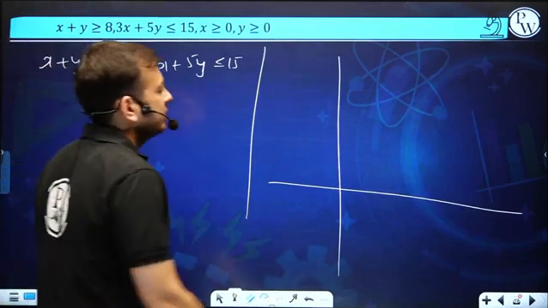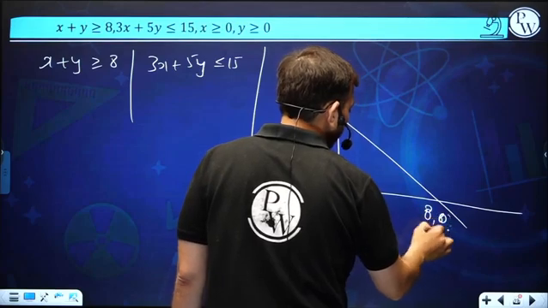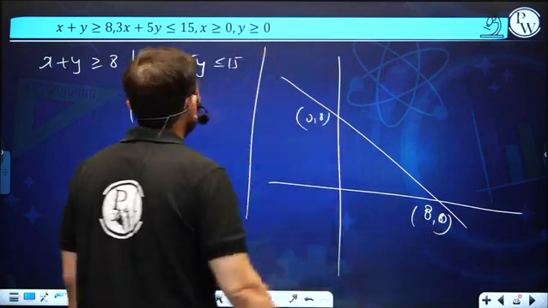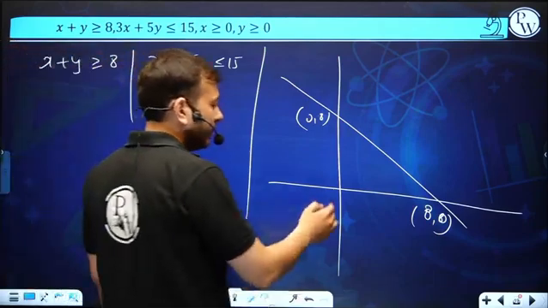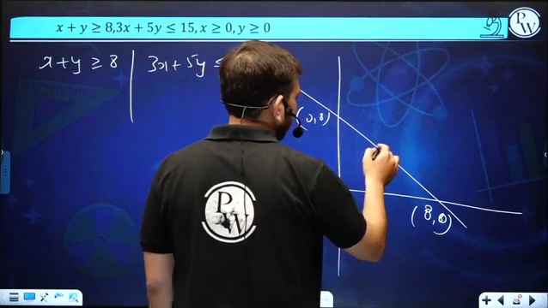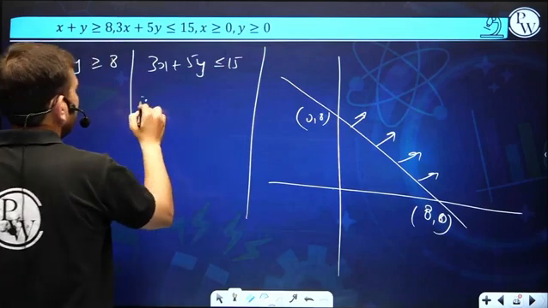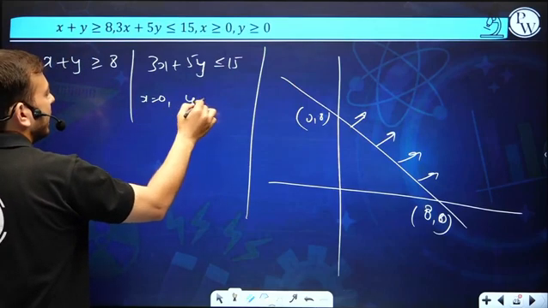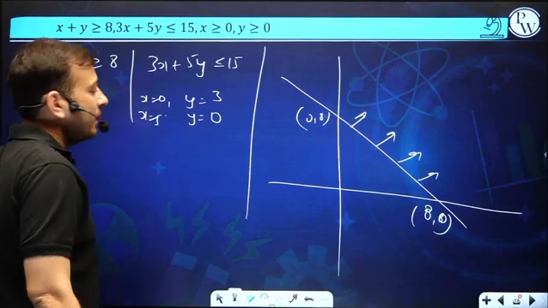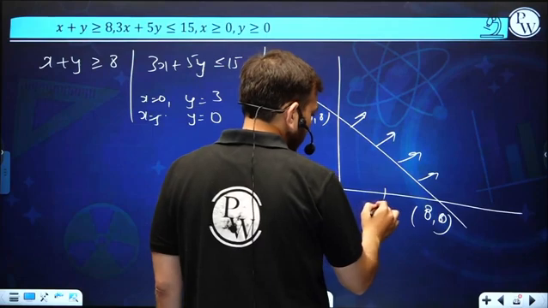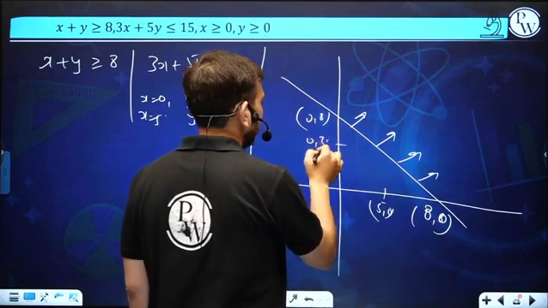This is 8, 0 and 0, 8. If you put 0, 0, 0 is not greater than 8, so the answer will be above this side. Next, if I put x equals 0, y is 3. If I put y equals 0, x will be 5. So 5, 0 and 0, 3.